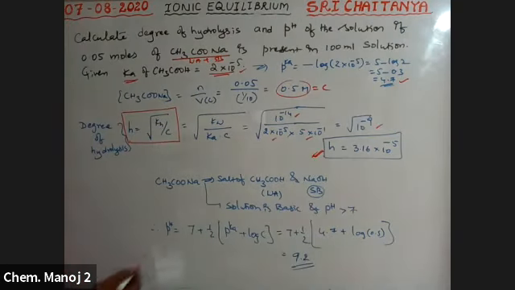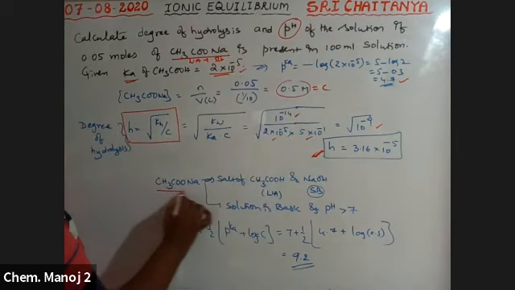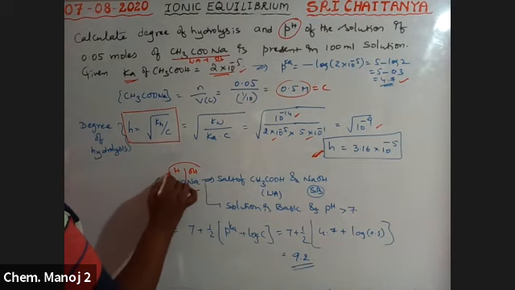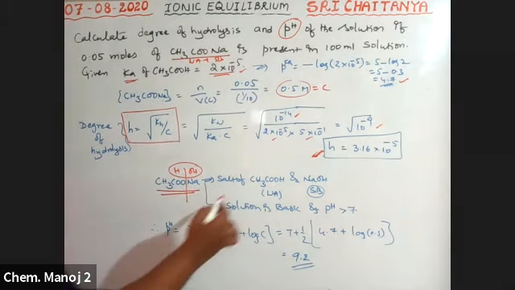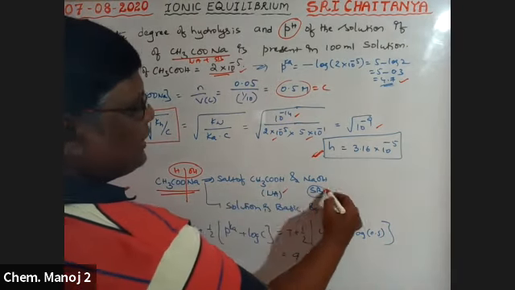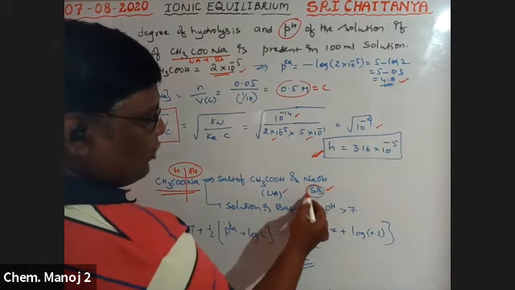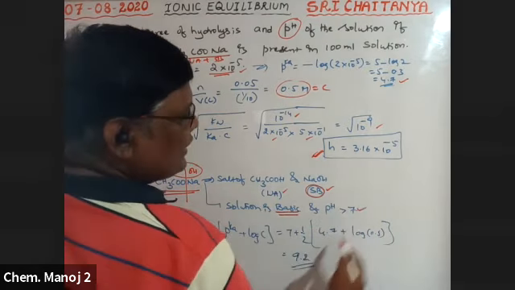Next, we want to calculate pH. See boys, it is CH3COONa, a salt of CH3COOH and NaOH. CH3COOH is a weak acid and NaOH is a strong base. Therefore, the solution is basic and pH is greater than 7.